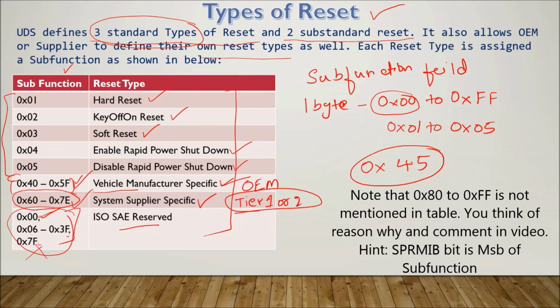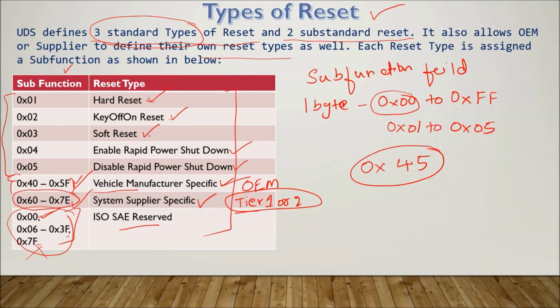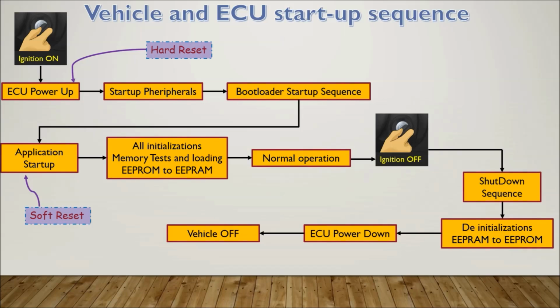Okay, so in this slide we learned about the reset types, but in order to understand what is a hard reset, what is a key off on reset, what is soft reset, what is enable rapid power shutdown, what is disable rapid power shutdown, what exactly are these reset types, to understand that, first we need to understand the ECU startup sequence in a vehicle.